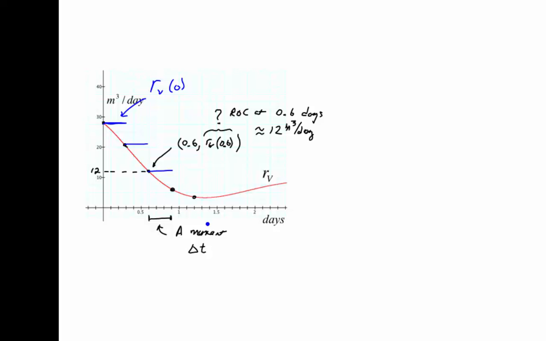The fourth moment. What's the rate of change at the start of the fourth moment? This is 0.3, 0.6, R sub v of 0.9. What would it look like to have a constant rate of R sub v of 0.9? Try it again. Oh, blue.